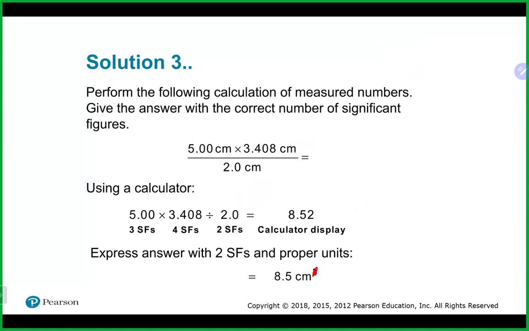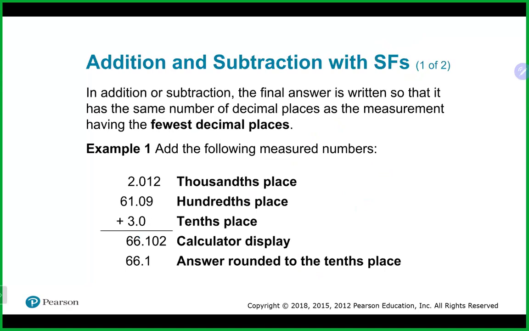All right. Now adding and subtracting, we want to look at decimal places. So once again, this guy here's got 3 decimal places. We got 2 and we got 1, and on our calculator, we get this. That means the smallest number of decimal places is 1 decimal place, which would give us 66.1 as our answer in this case.